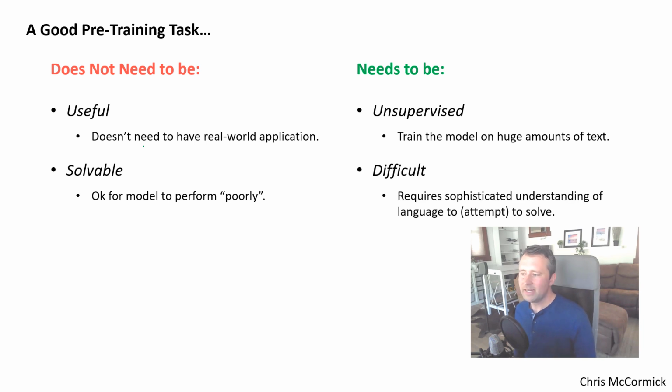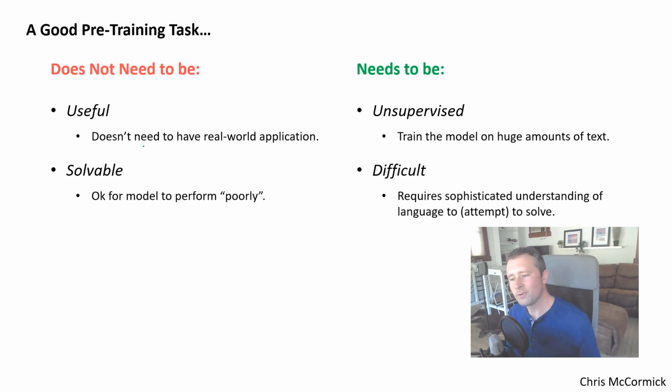And finally, we want the task to be difficult. We want it to require that the model learn complicated things about language in order to solve the task. If the task were too easy, then the model wouldn't become very smart. So we need it to be hard.